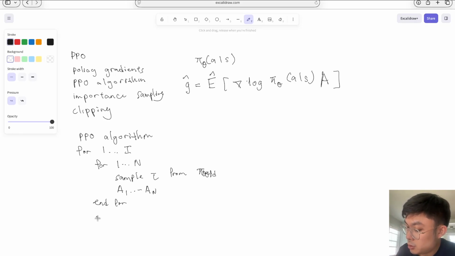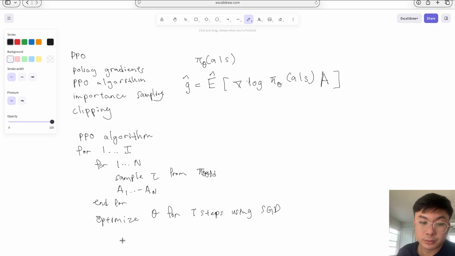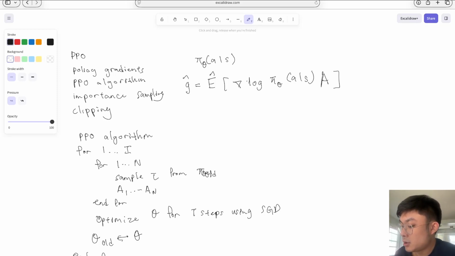And now we optimize theta for T steps using SGD with the above policy gradient, and then we update theta.